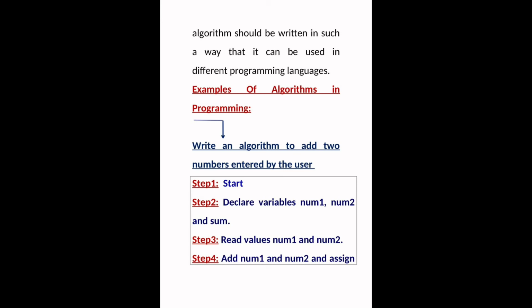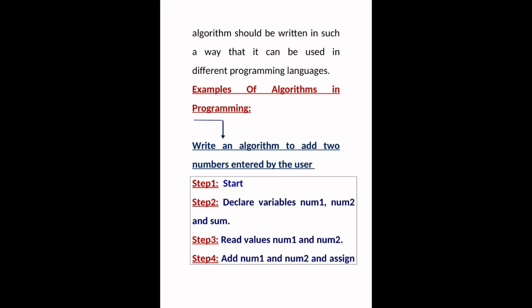Algorithm is the plan for a program. First, we build the algorithm, then write the program. There are many types of algorithms in programming.